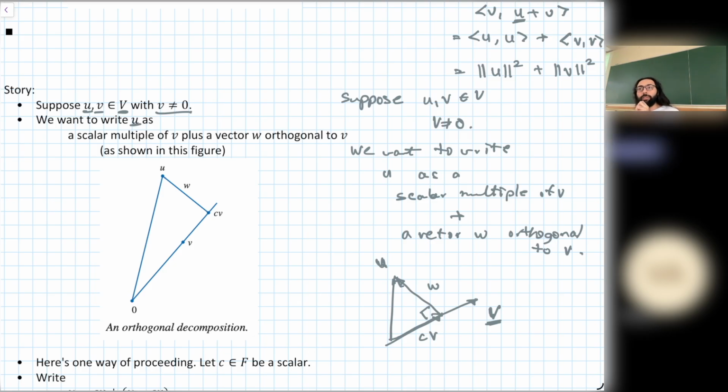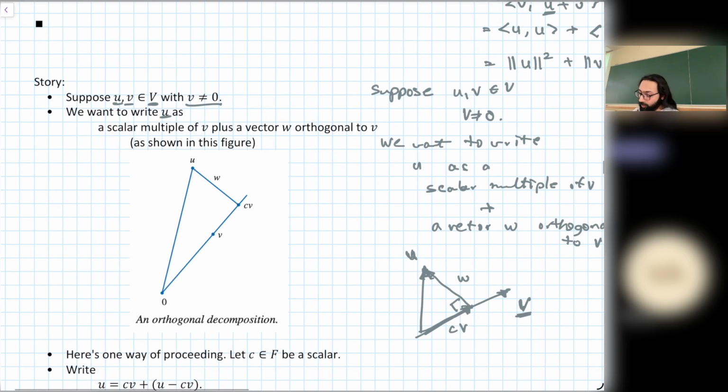Is it clear what we're trying to do? So you have a vector u, you have a vector v. You want to write u as some scalar times v, so it's in the same direction, plus a vector w, which is orthogonal. Okay, so that's what we're trying to do.